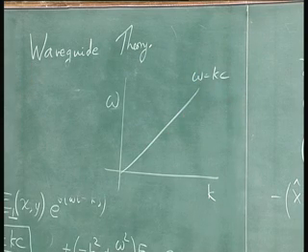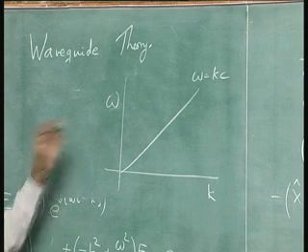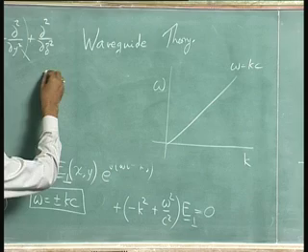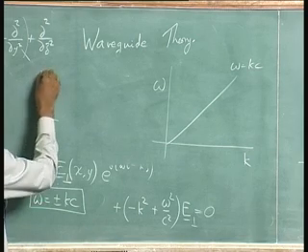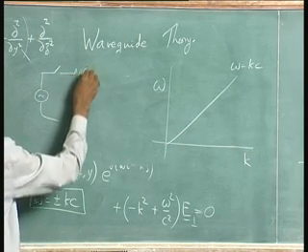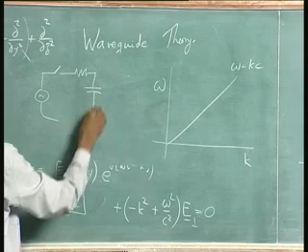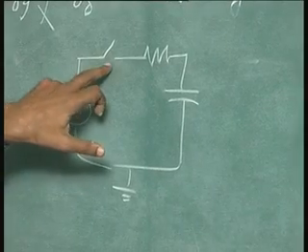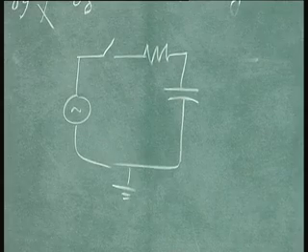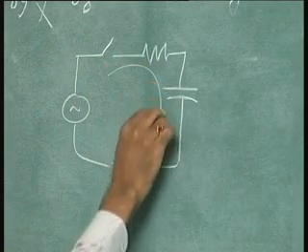Now, this is very important, because if you look at what happens if I have a circuit and I have a switch, and I close the switch. When I close the switch, current will start to flow.